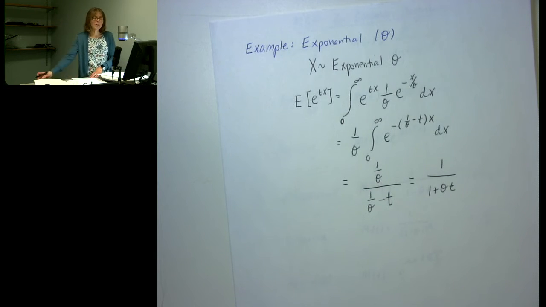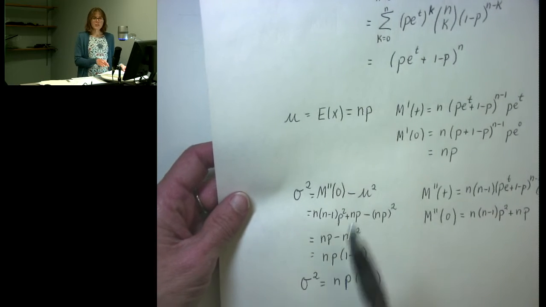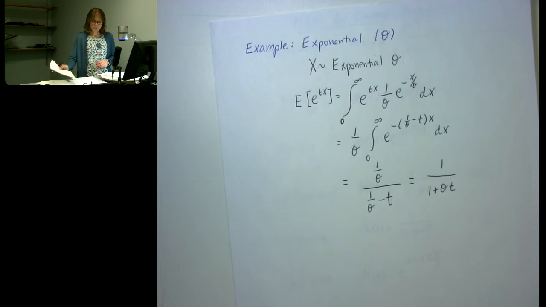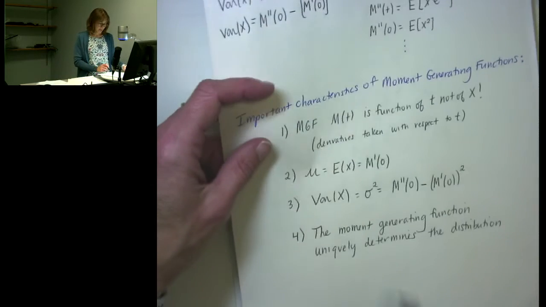So as I mentioned, one of the ways that moment generating functions are useful is that we can use them like we did with the binomial to find the mean and the variance. But the other thing that's useful about them stems from the fact that, as I said, moment generating functions uniquely determine a distribution.